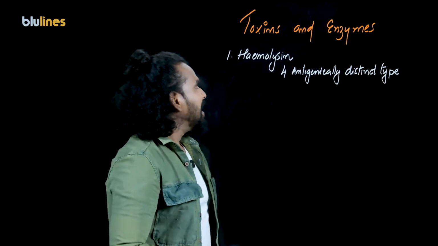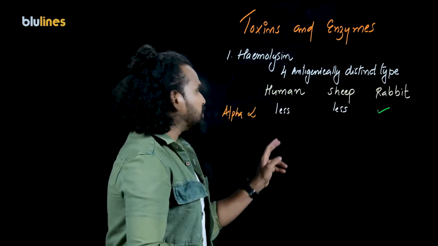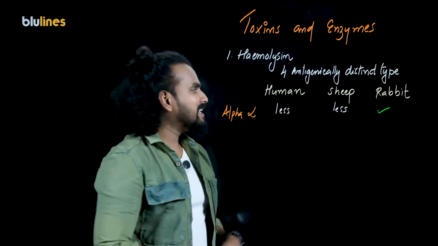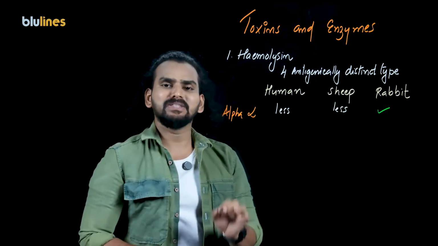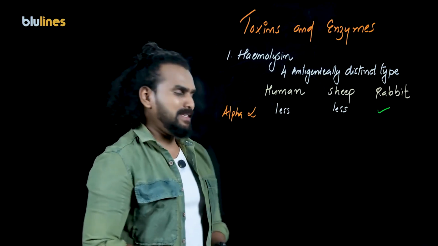And toxins and enzymes. Staphylococcus produces a number of toxins and enzymes. They have an important role in their virulence. And the first one is hemolysin. Four antigenically distinct types of hemolysins are present. The first one, alpha-lysin, is lytic to rabbit erythrocytes and less effective against human and sheep RBC.